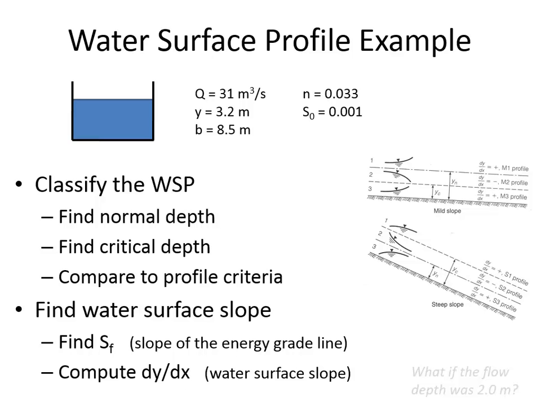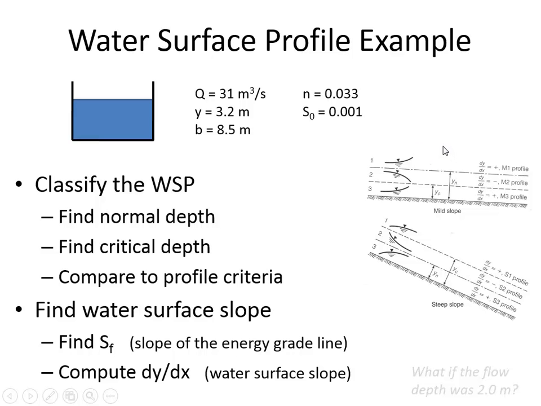And now, at this location of interest, the water depth, y, is 3.2 meters. And so if you look at these two options here, we've got the mild slope option because the normal depth is greater than the critical depth. And then the given water depth of 3.2 is above the normal depth. So that puts us in zone 1.